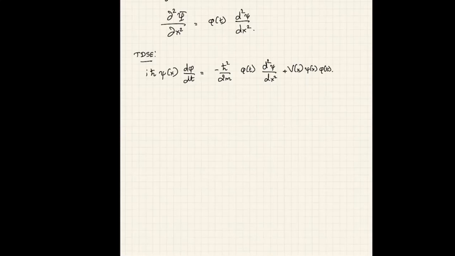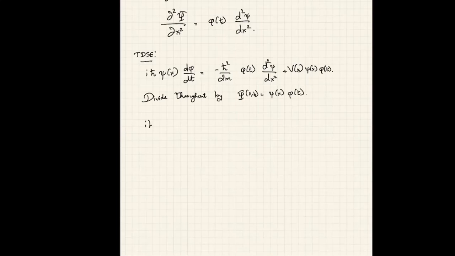Now I will divide this equation throughout by capital psi, which is nothing but psi times phi. If I divide this equation by psi times phi, what do I get? On the left-hand side, the psi goes away.